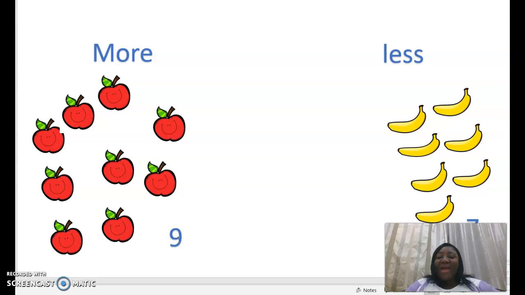So if I am asked to tell which number is more, the easiest way is to represent my number with objects and count in order to find out which group has more than the group that has fewer or less.